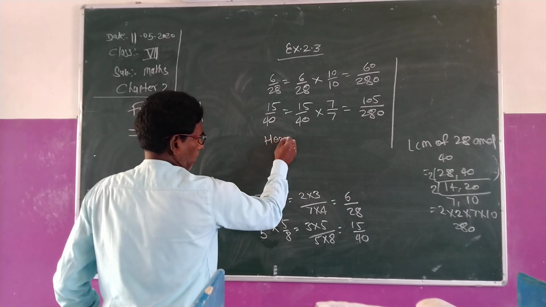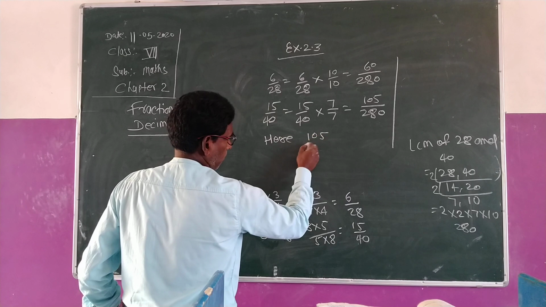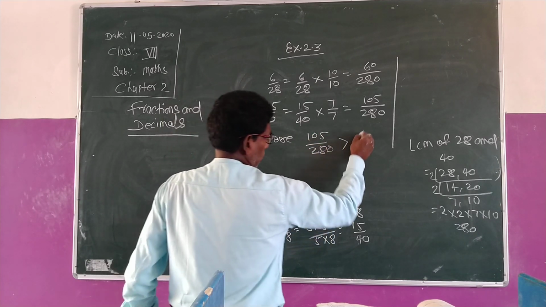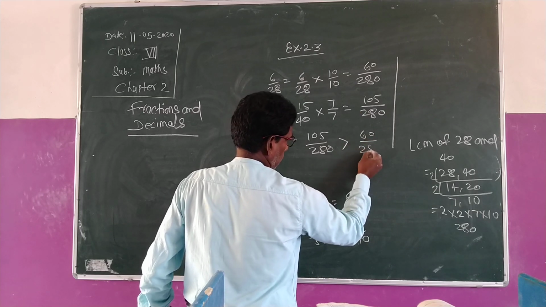Here 105 by 280 is greater than 60 by 280.